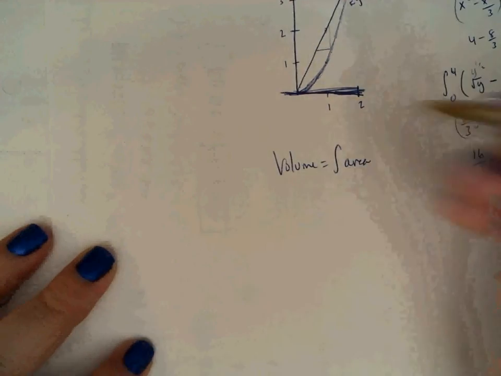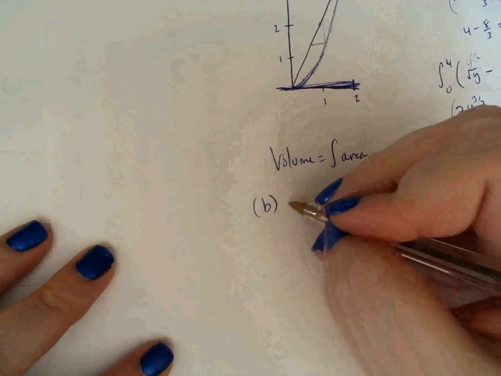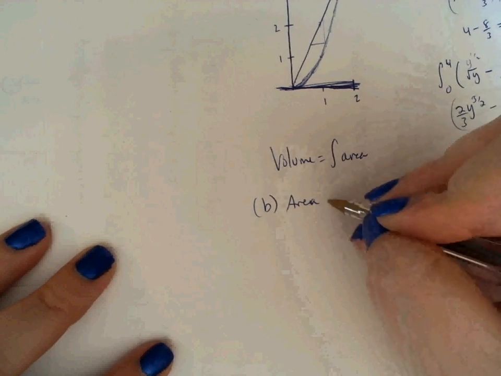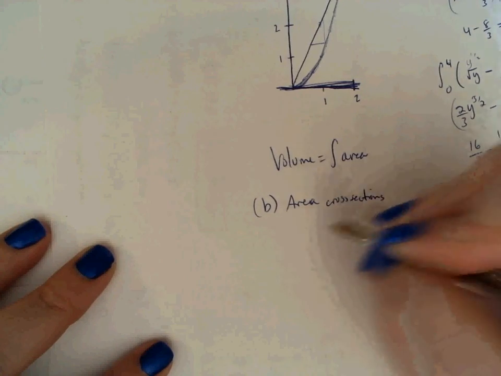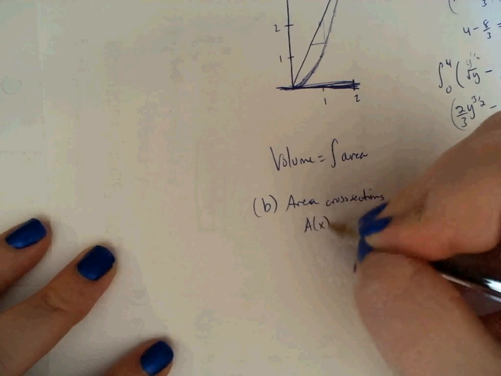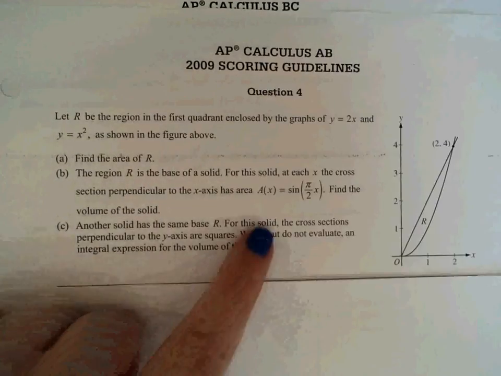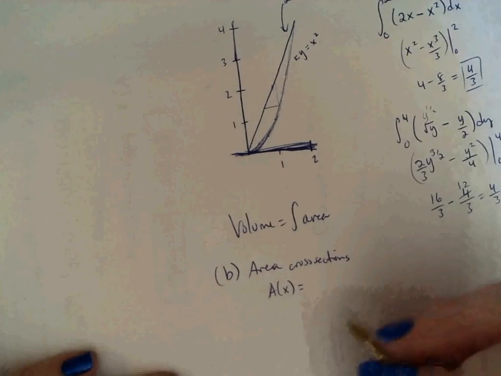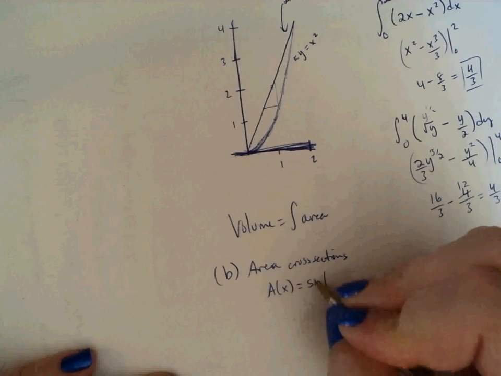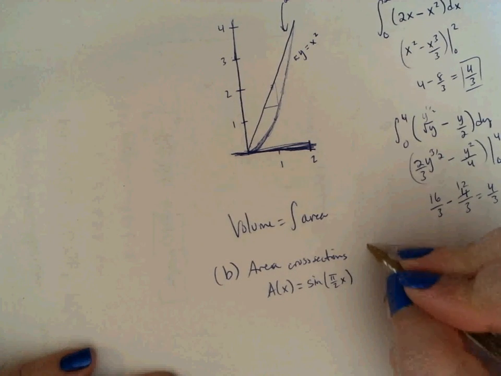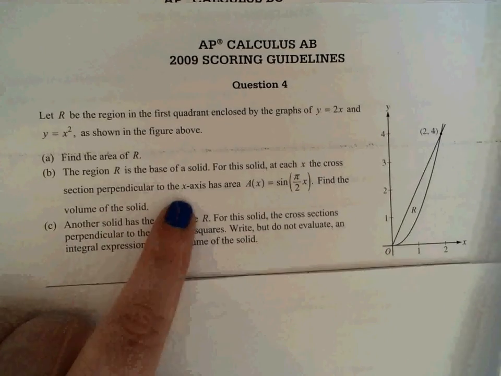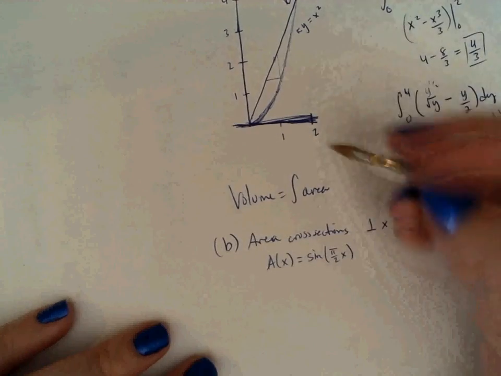So in part B, if they're telling me the area of the cross-sections is modeled by A of x equals sine of pi over 2x, and the cross-sections are perpendicular to the x-axis, yeah? Perpendicular to the x-axis, that means my cross-sections are vertical, okay?